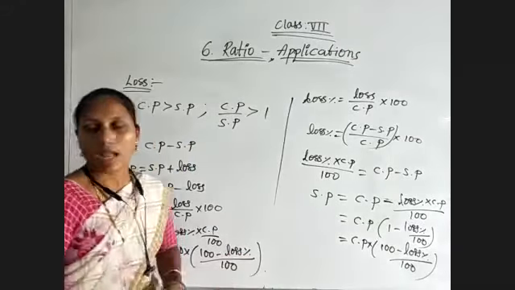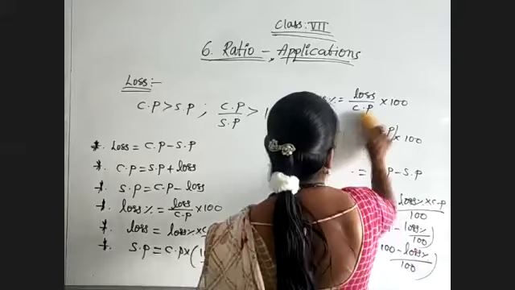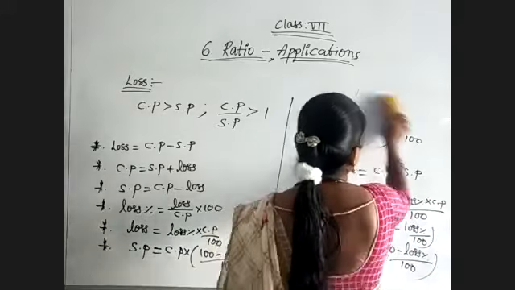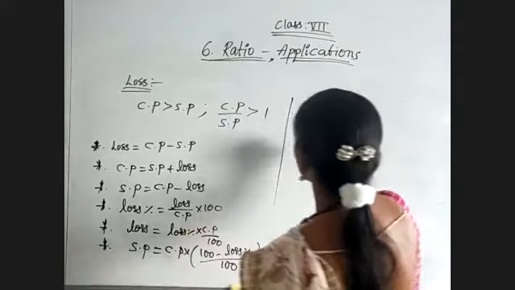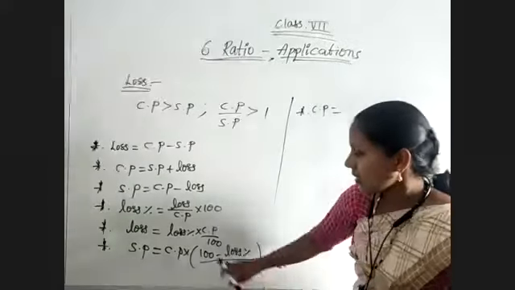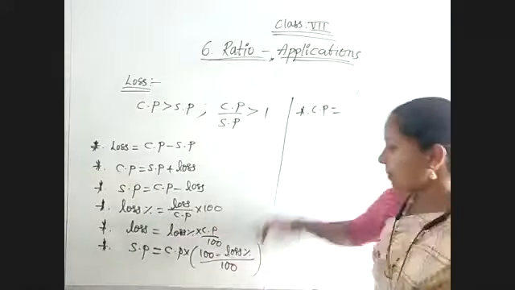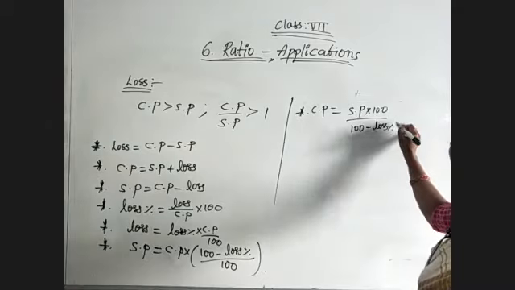And in terms of CP and SP and loss percent, we will write the CP value. So last formula, CP will be equal to reciprocal of this one, SP into 100 by 100 minus loss percent.